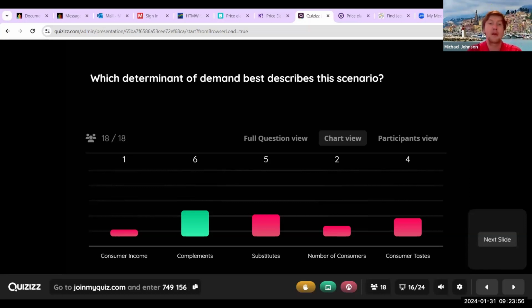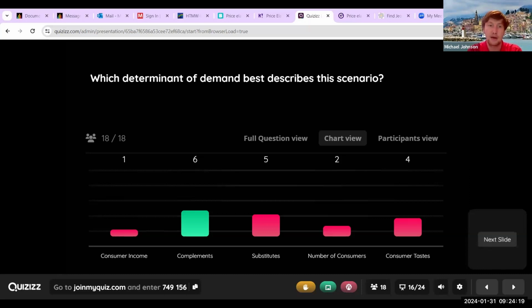Printer and ink, yeah. So if the price of a printer goes up, ink and printer sales will go down. So if the price of coffee goes up, quantity demanded of coffee and donuts go down.